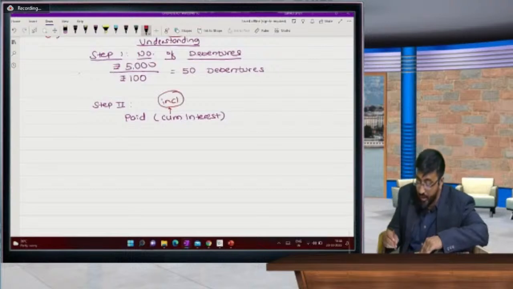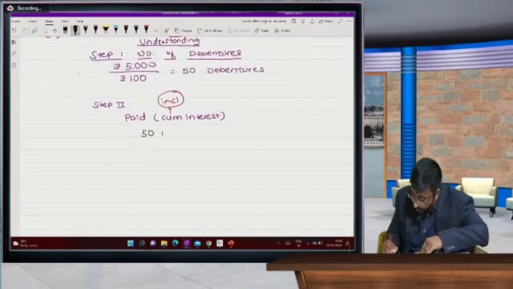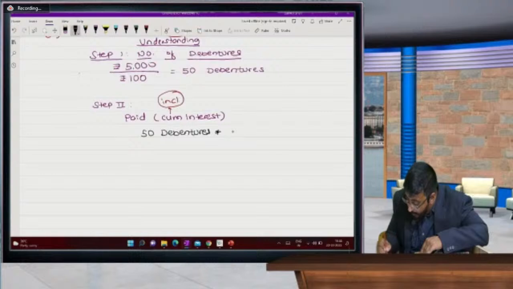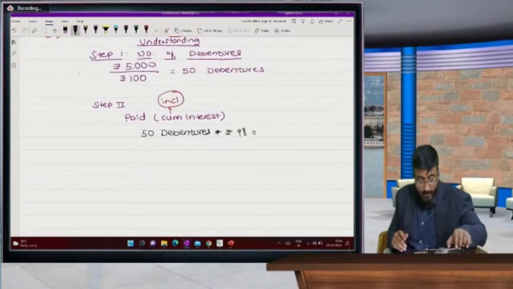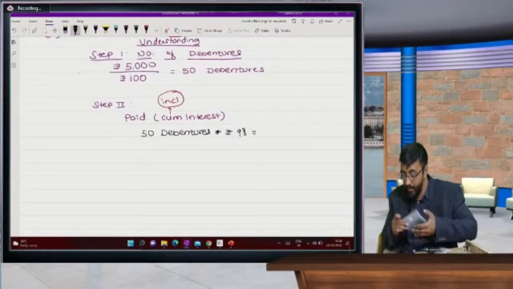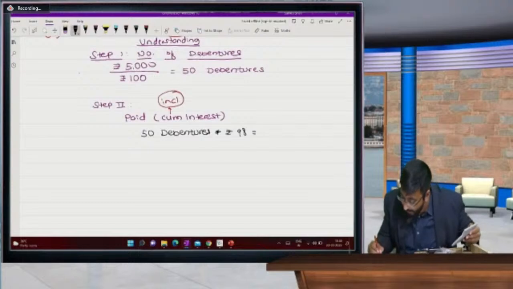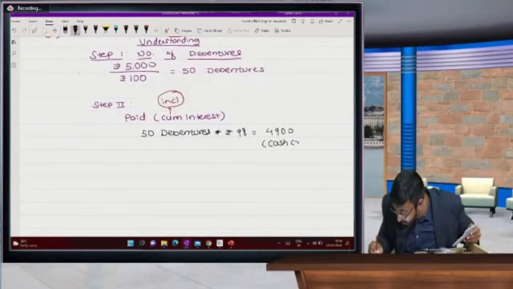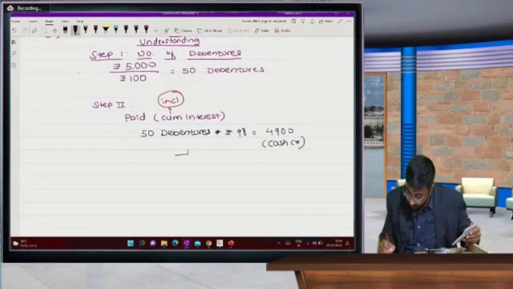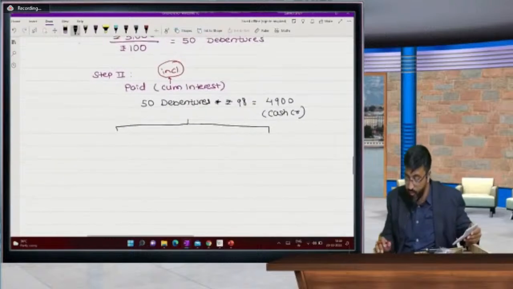Cum means including interest. 50 debentures into rupees 98. So you paid 4,900. This is cash credit. Step 2, cash credit.